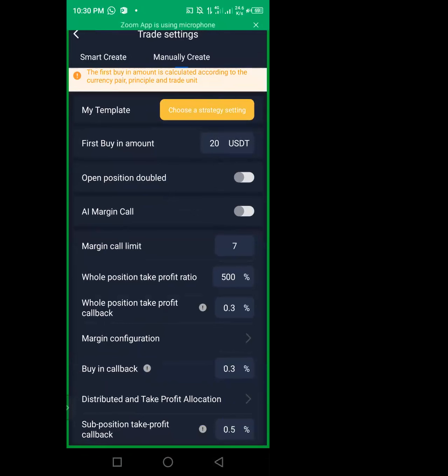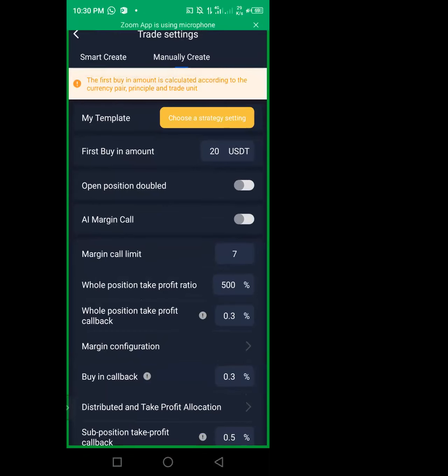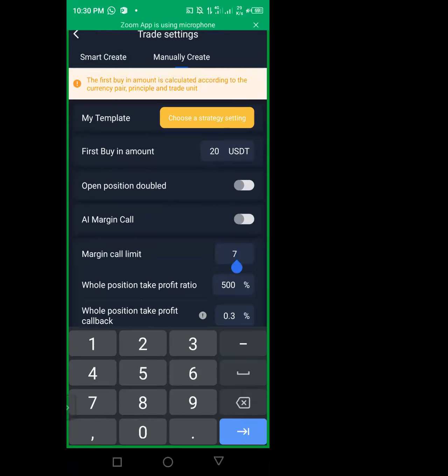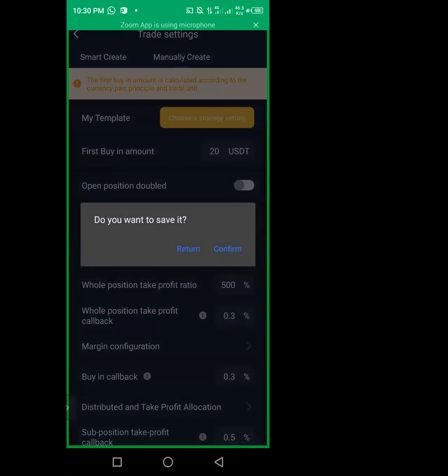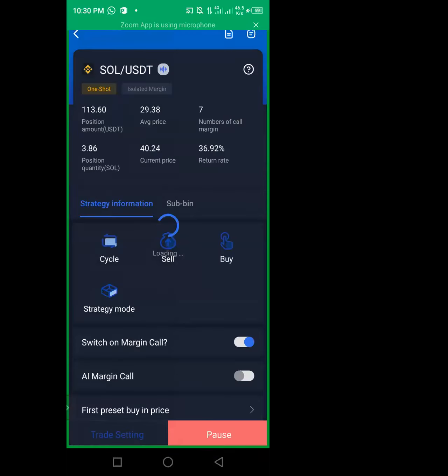That is the total amount of USDT you want to pull out from your trade. You will then change it to 10 and you save. So that amount you have budgeted for this trade, you cannot use it to start your one shot signals as they come, so you make more profits.